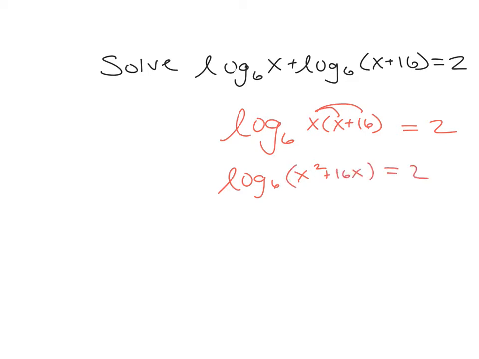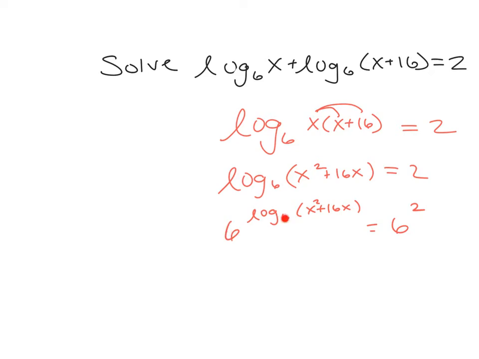So now I get this equation. And I really need to undo this log. And like we said before, logarithms undo exponentials, exponentials undo logs. So one way to think about it is by saying we are going to rewrite this where both sides are a power on 6.